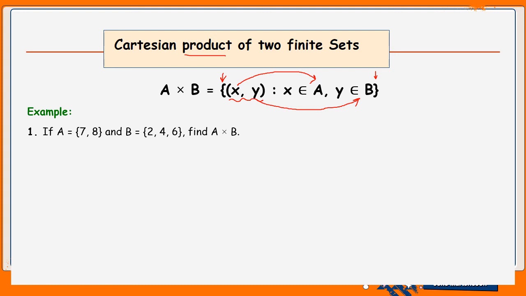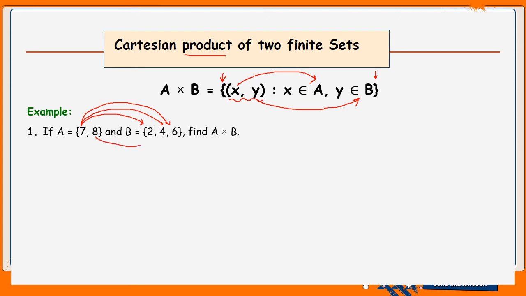If A equals the set {7, 8} and B the set {2, 4, 6}, find A cross B. So we want the set of ordered pairs. 7, the first projection, with 2, the second projection: (7, 2), (7, 4), (7, 6).